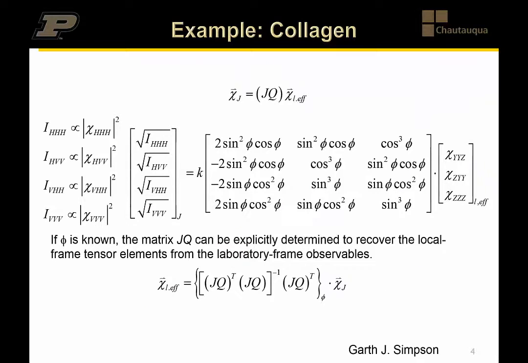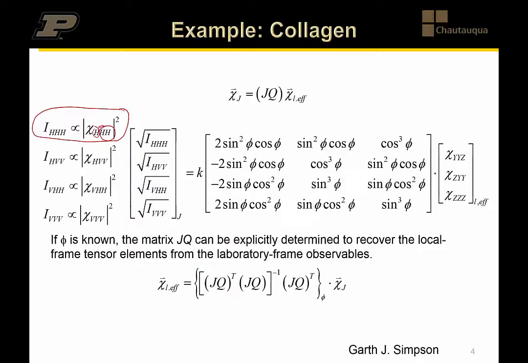If we consider measurements in the laboratory frame based on pure polarizations, then measuring the horizontally polarized second harmonic intensity produced with horizontally polarized incident light is probing exclusively the chi-HHH tensor element, where the first index indicates the polarization state of the second harmonic light, and the second two indices indicate the polarization state of the incident light.